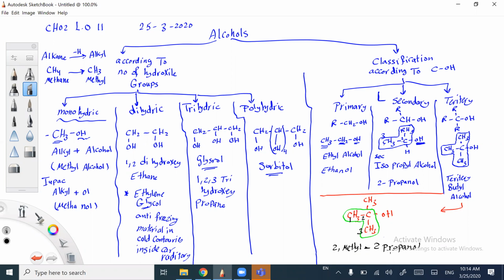Maybe the naming will be 2-methylpropan-2-ol. This is correct and this is correct. No problem in the naming.